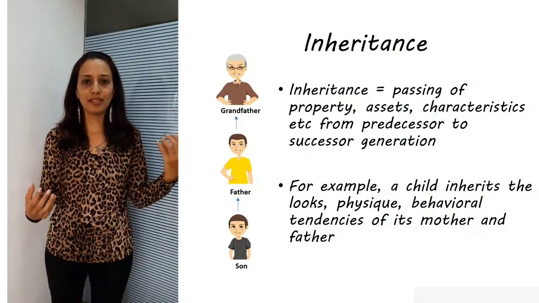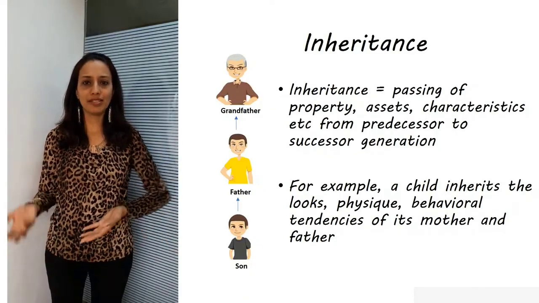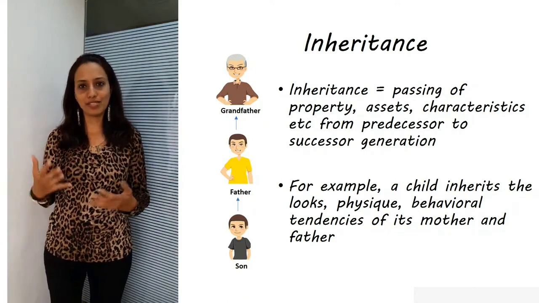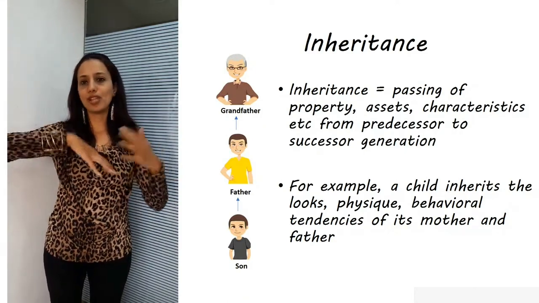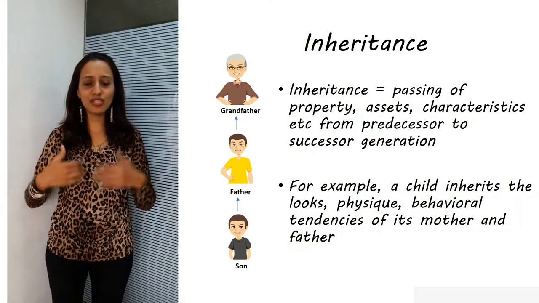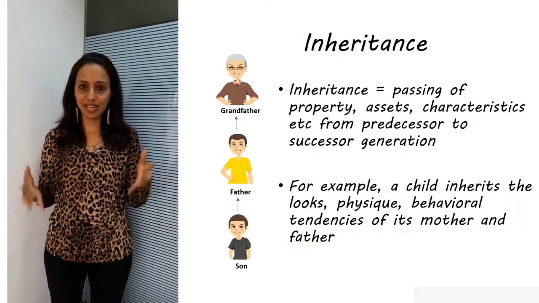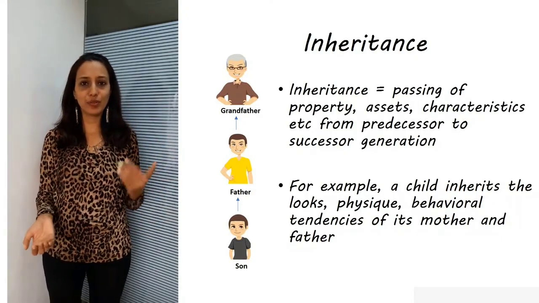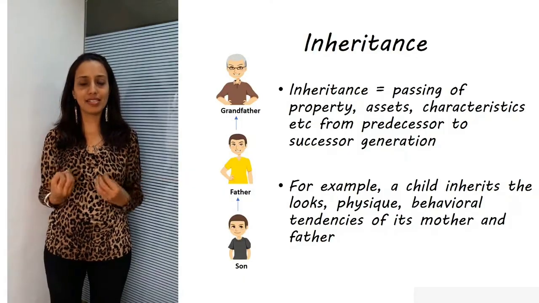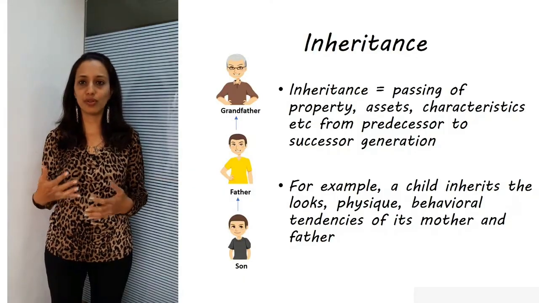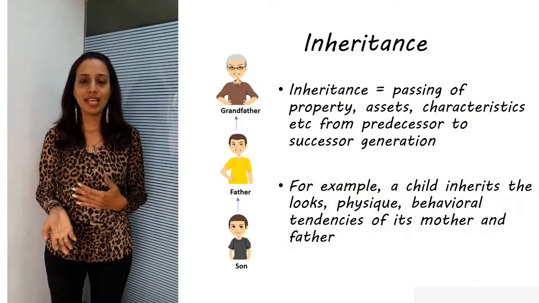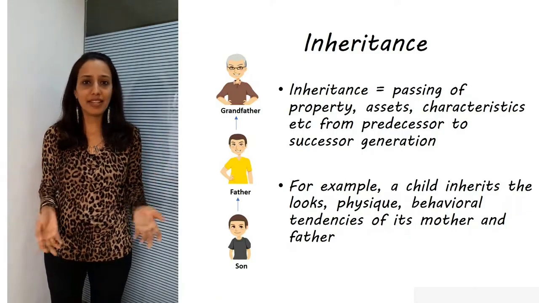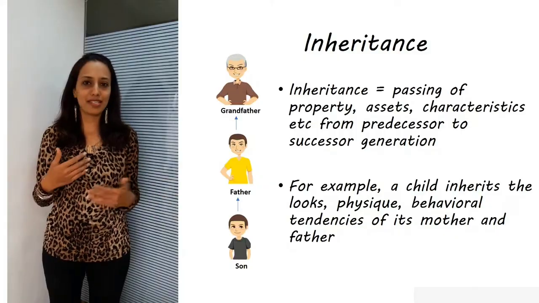For example, as a child we inherit a lot of characteristics from our father. Father inherits some characteristics from his father, which is our grandfather, and so on. So this is inheritance in daily life, wherein we inherit the characteristics, behavior or traits of our ancestors, our predecessors, and we might look like them, we might behave like them, etc.